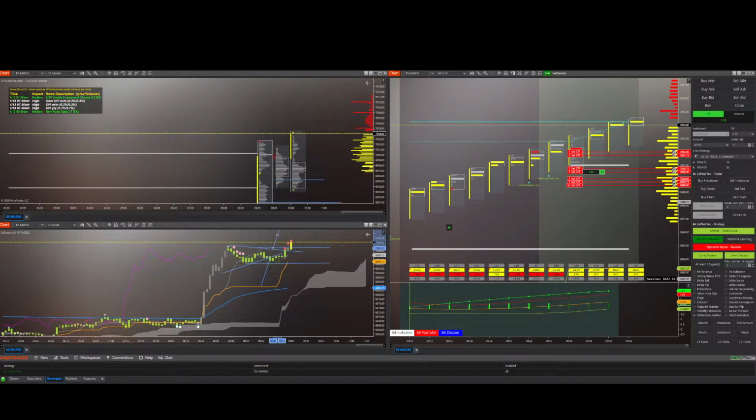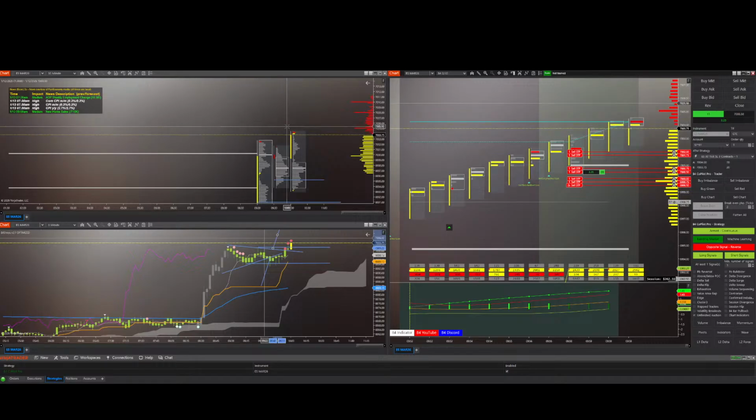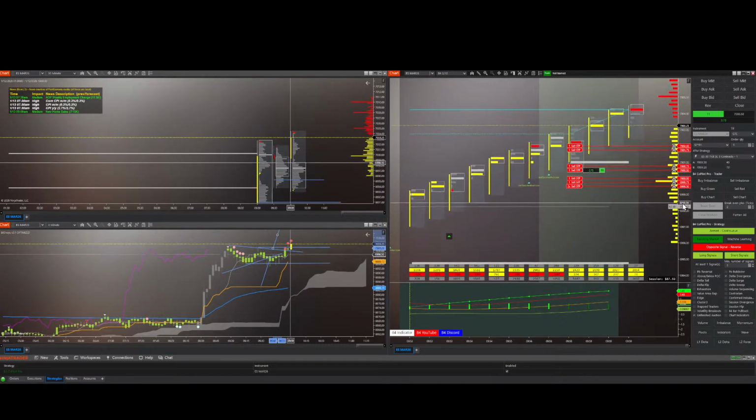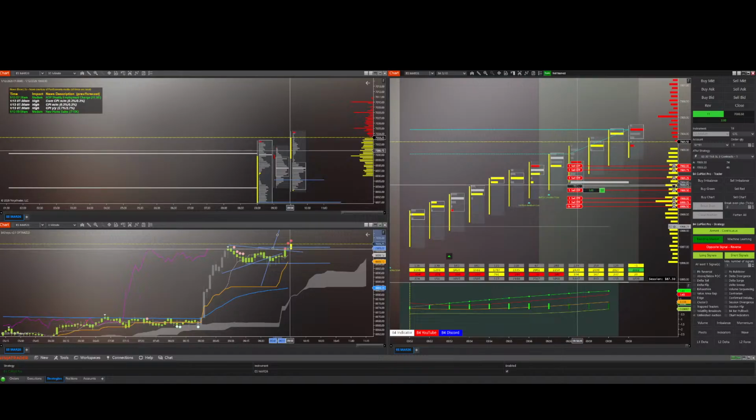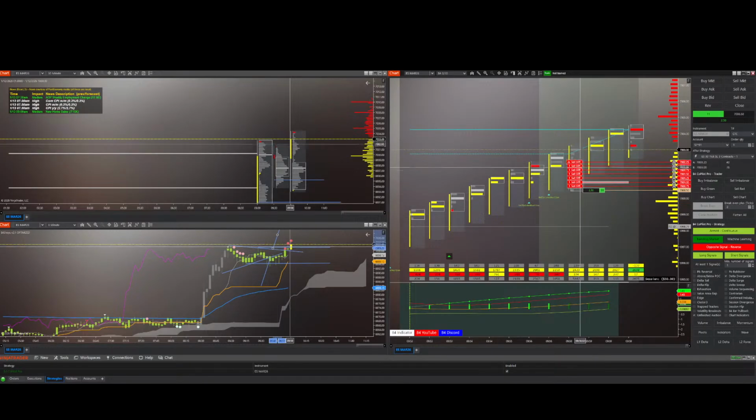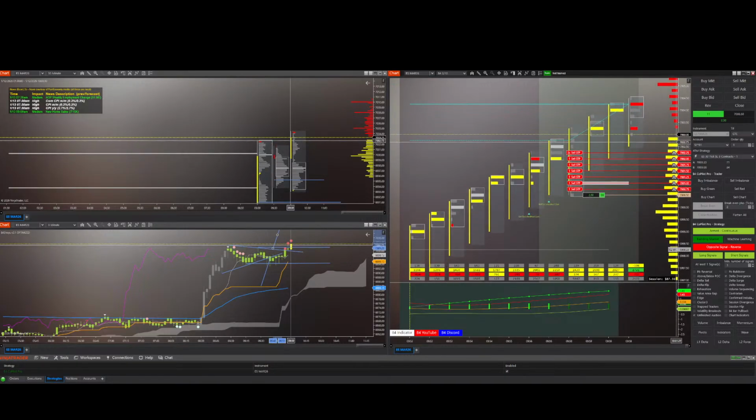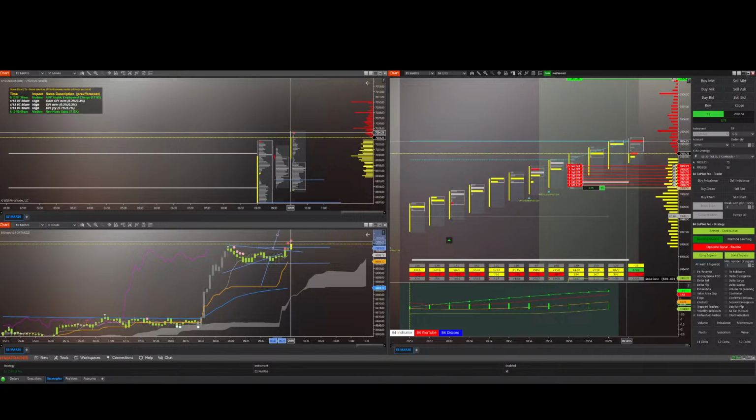Order filled. We came up to the mean right there, and there were a lot of sell orders right there at the mean.